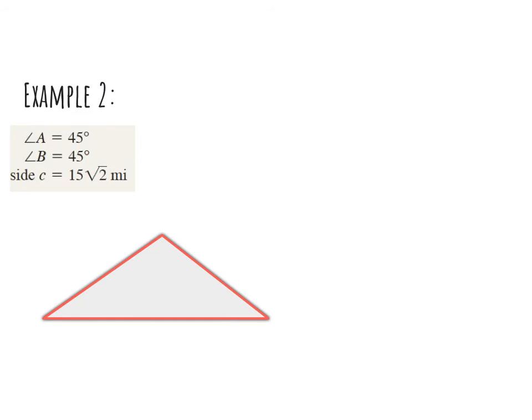To get started on this question, we want to start by filling in what we know. So let's call this A, which is 45 degrees. Let's call this B, 45 degrees. And then this would be C, which means side C is 15 root 2.